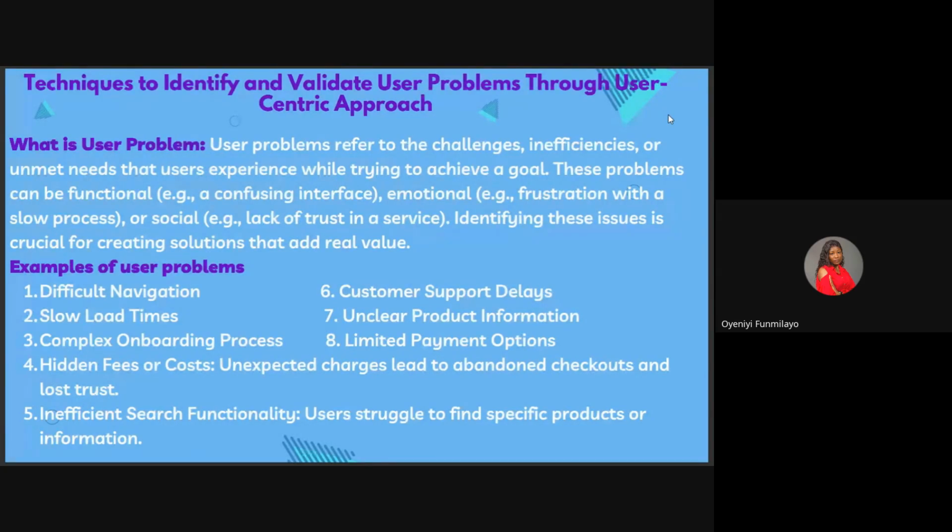This limited payment option. I can't remember what I was trying to pay for, but Glovo, exactly, Glovo. I ordered food and then I wanted to pay them. And I didn't like the fact that I could not make a transfer. I would have to input my card details.